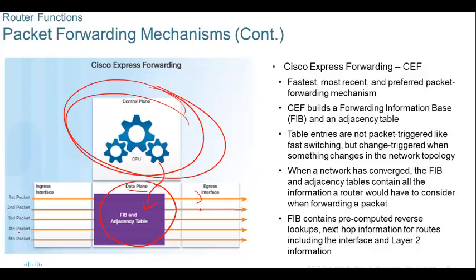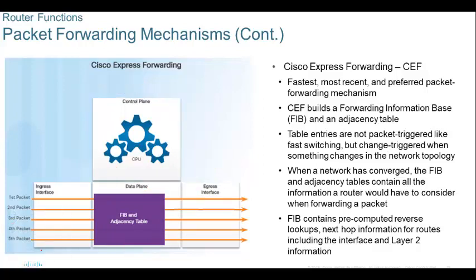So what is CEF? CEF is memory in layer 2 in the data plane, where all the forwarding information that is there in the routing table in the control plane is downloaded to this data plane, so that when a packet arrives, it need not go through the control plane all the time, which is time consuming.